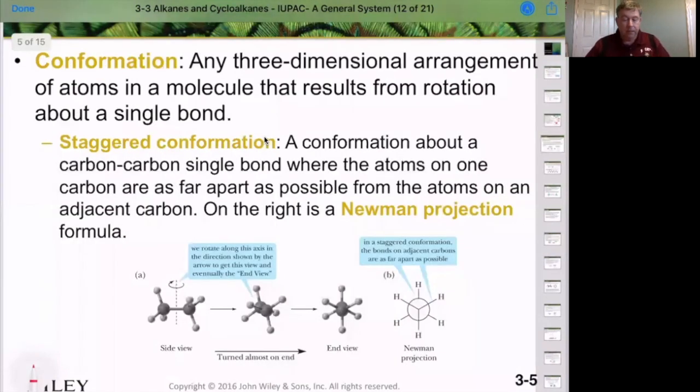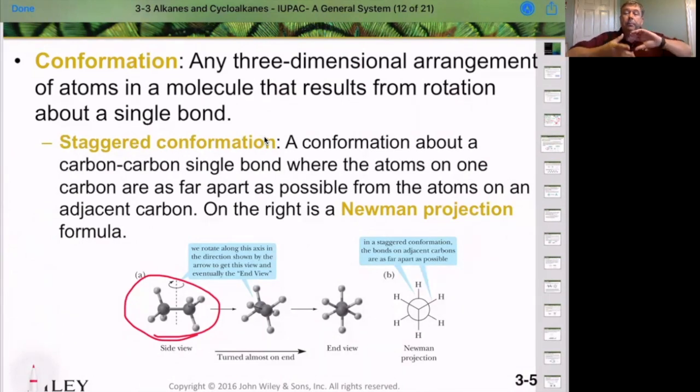Okay, so now that we have the basis for our system, let's talk about different possible conformations that we have. Okay, when we have a compound like this alkane right here, we have an sp3 hybridized carbon bonded to an sp3 hybridized carbon, okay?